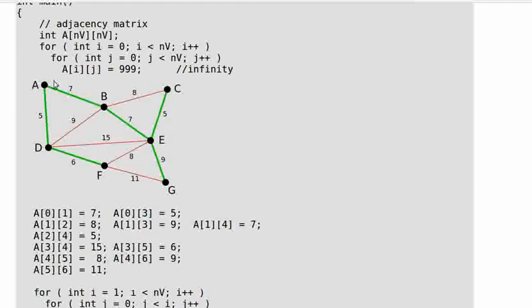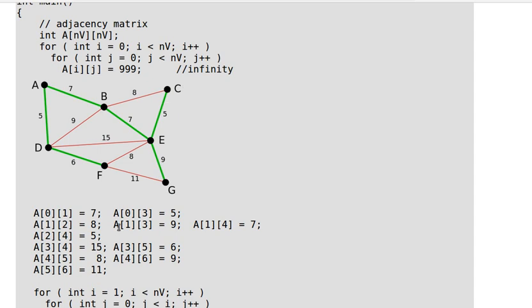If there's no edge connecting the two vertices, then the edge weight is infinity. We set it to 999. For this graph, A[0][1], which is AB, is 7, and A[0][3], that's AD, is 5, and A[1][2], that's BC, is 8, and so on.